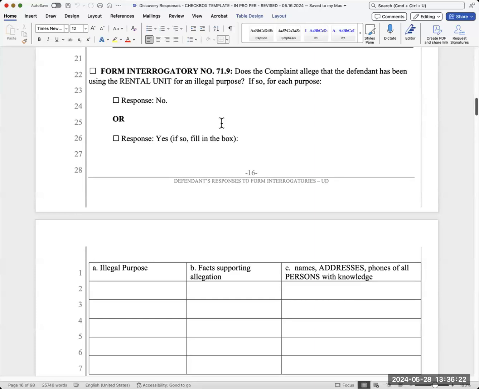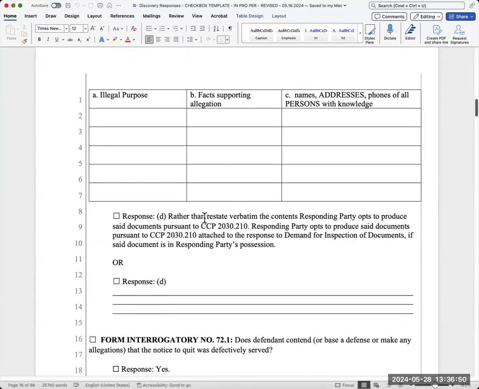But if this box is checked for you to answer, and there's nothing that's been alleged illegal, check no. If there is something, explain what's alleged, the facts supporting what's alleged or defending against it, and the names, addresses, and phone numbers of all persons with knowledge. And then documents attached to your binder. If there's any other explanation, you put it down here.